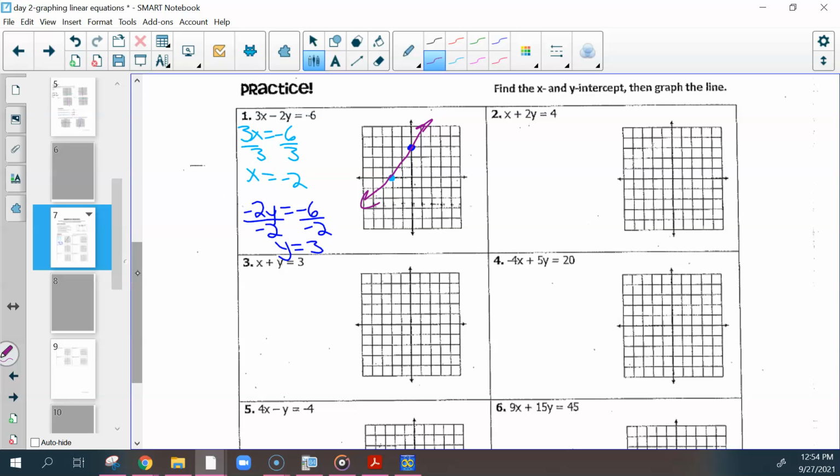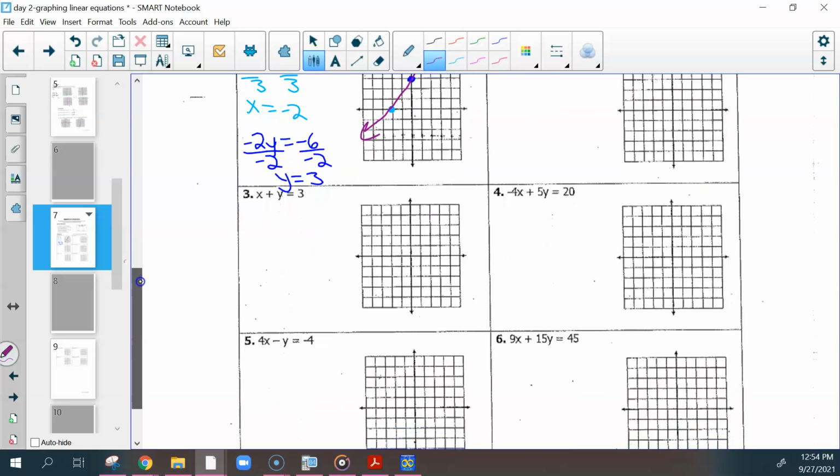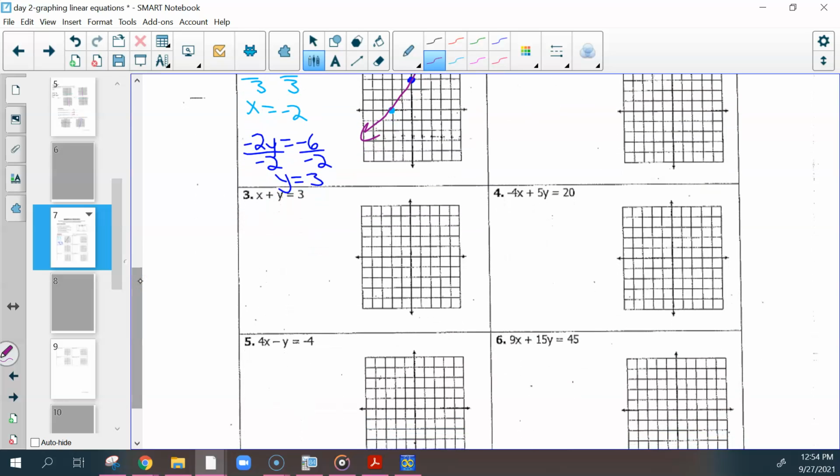We're going to do one more of these. So for number 3, both of these do not have numbers in front, but numbers with 1. So if I were to set the x term equal to 3, there's nothing for me to solve. I would just plot the point at x equals 3.